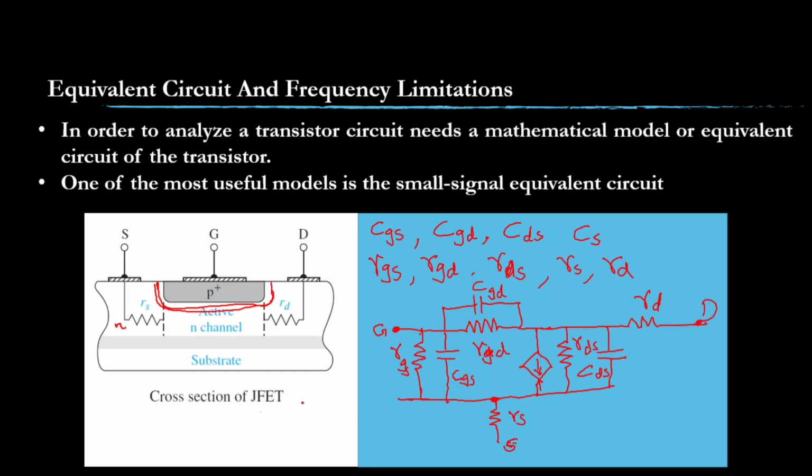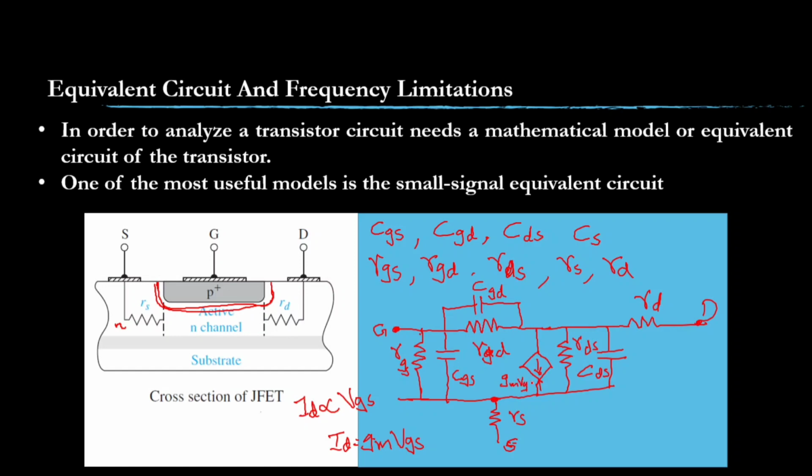The drain current ID is proportional to VGS. And what is the proportionality constant? ID is equal to Gm VGS. So Gm is the proportionality constant. So this will be Gm VGS.